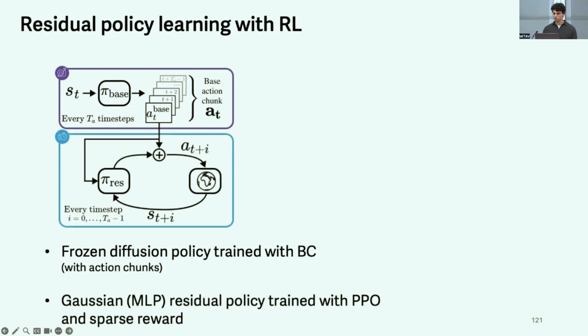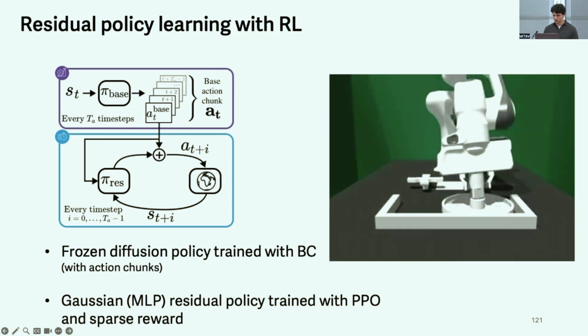Then we'll train a Gaussian residual policy with reinforcement learning, and this provides local corrections on top of the frozen base policy's actions. So here's some examples of abilities discovered by the residual, again, trained purely with RL and a sparse reward function. And the residual here is going to dramatically improve beyond what the base behavior could do.